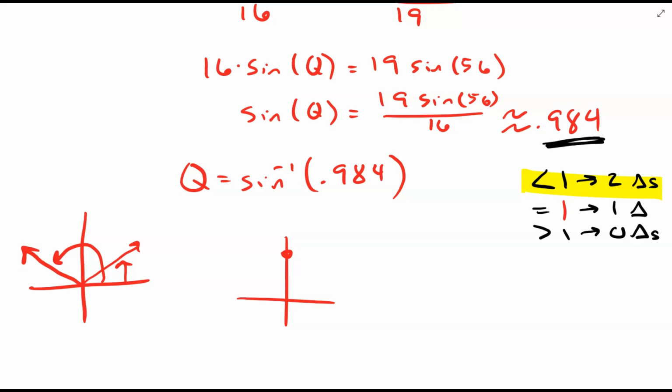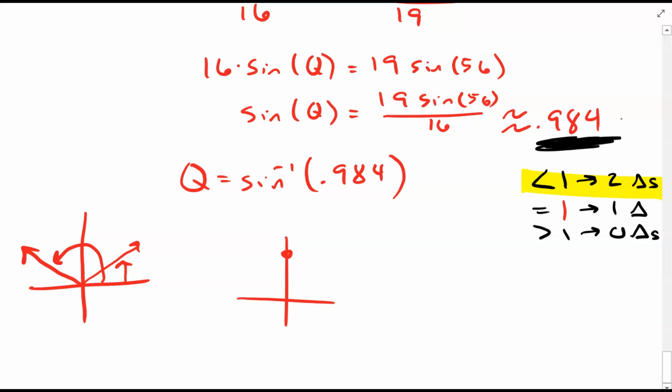So I can't tell just by looking at the 3 numbers what situation I'm going to be in. I'm just going to start the solving process, and when I solve for that first angle, that's what tells me what's going on. So if this number here is less than 1, I get 2 triangles.